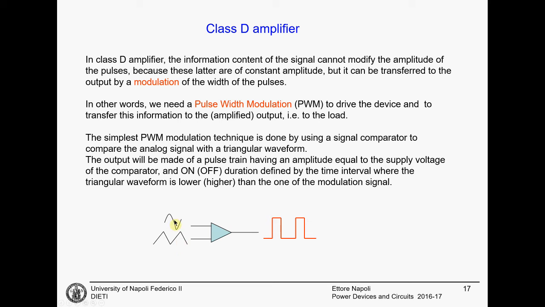The comparison between these two waveforms will result in a number of pulses. When the input signal is larger, the positive pulses will be longer, and when the input signal is smaller, the output pulses will be shorter, hence the average value will be smaller.